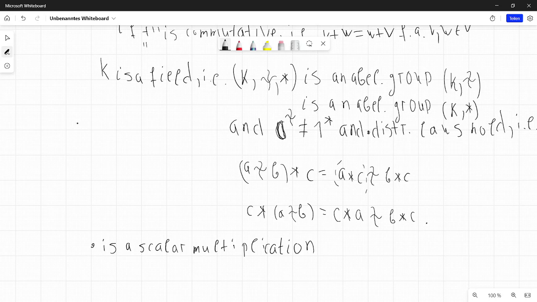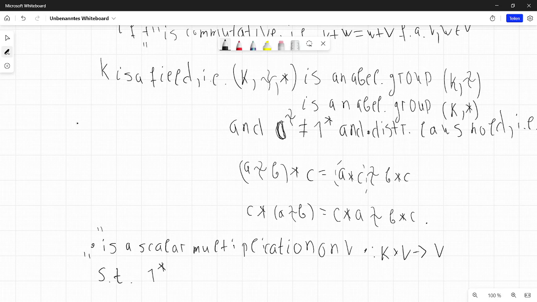That's why scalar multiplication, dot, is a scalar multiplication on V, and that is just a map that goes from K cross V to V, such that this thing has the following properties. Now, one.